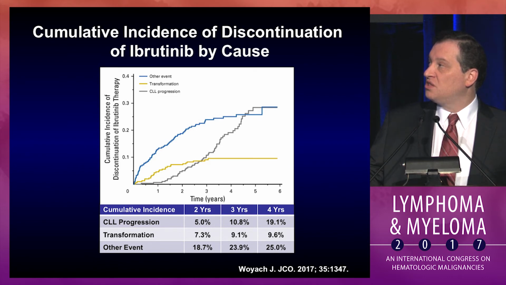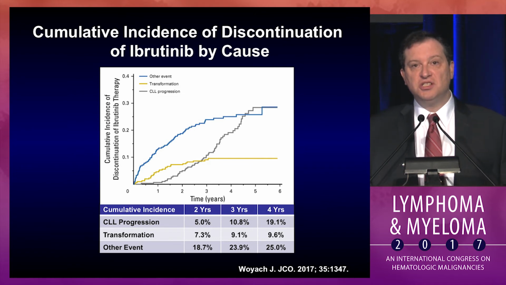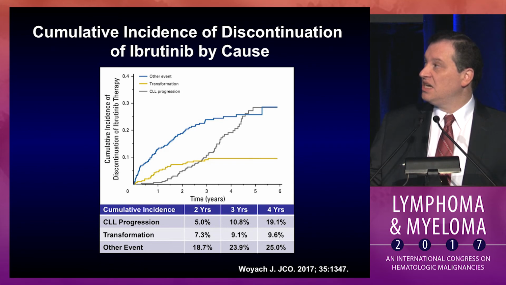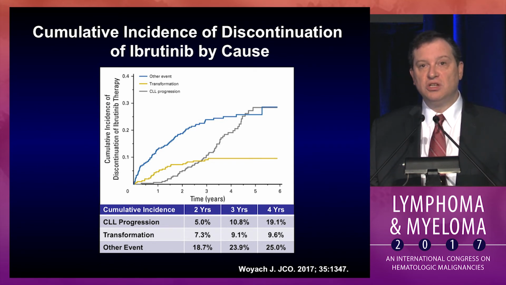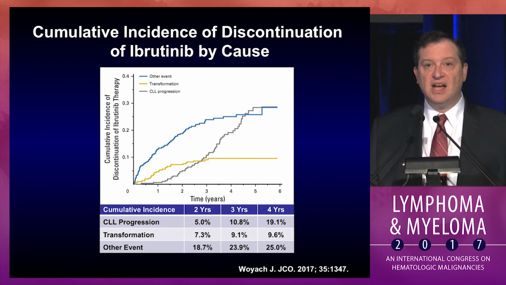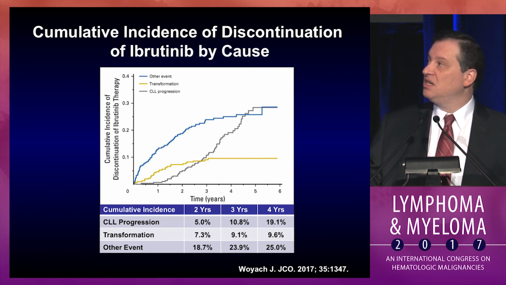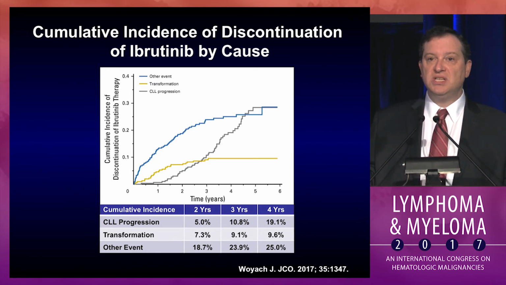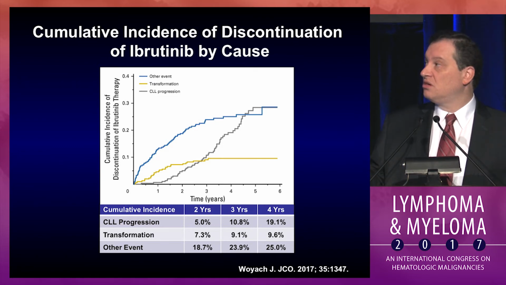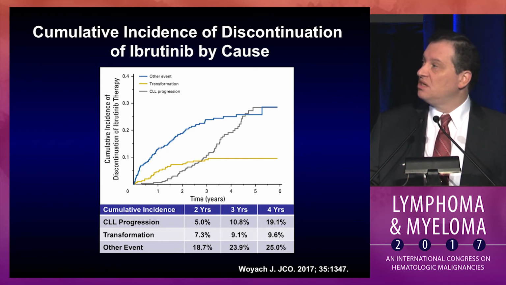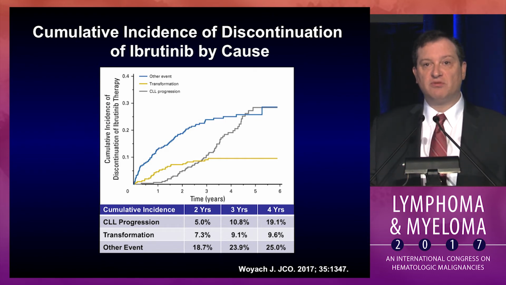But I'd like to just focus on these 2 curves, focusing on the fact that early discontinuation or early disease progression, which is what I'm going to use from here on, is more likely due to a Richter's transformation. And you can see there's really a plateau at 2 years. And this speaks to the idea that it's probably either biology or pre-existing Richter's transformations before therapy starts that's likely driving the transformation.